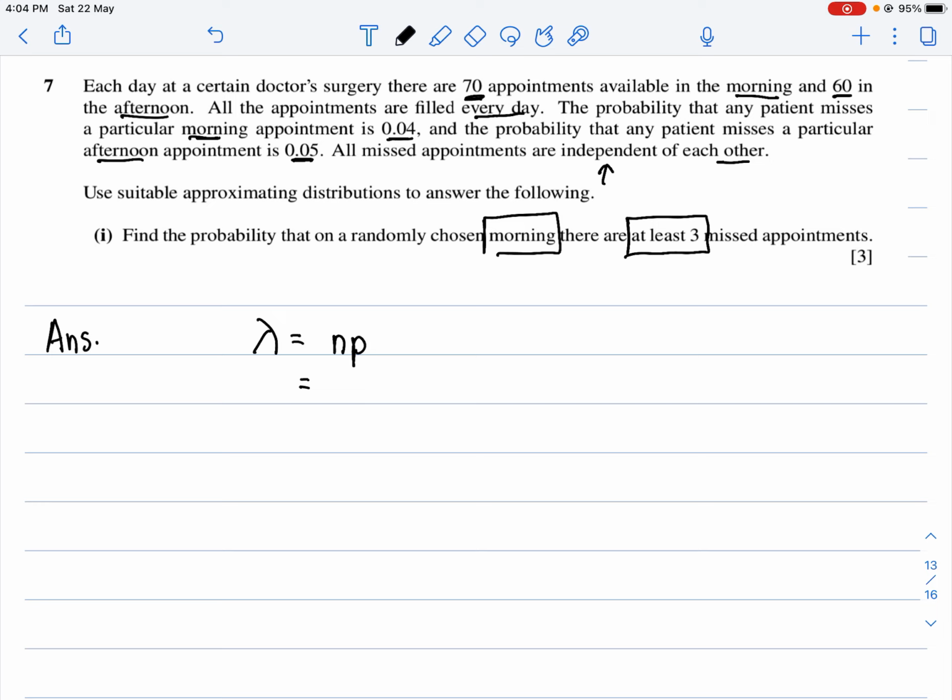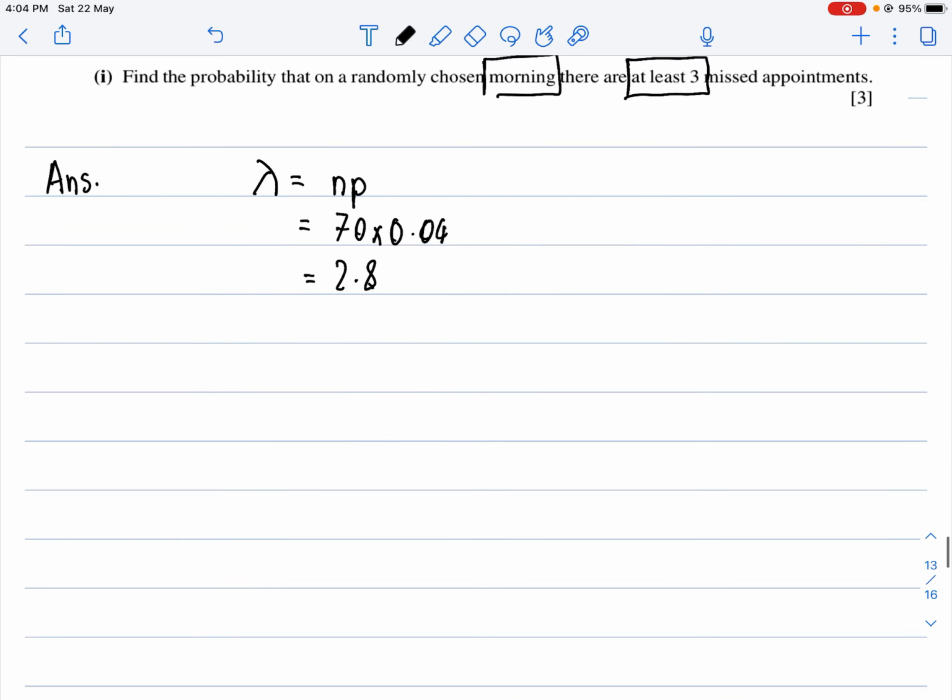So in the morning, the doctor has 70 appointments, each with a probability of 0.04. So I can simply do 70 into 0.04. If I do that on the calculator, my lambda is 2.8. So I can write that X follows Poisson 2.8.